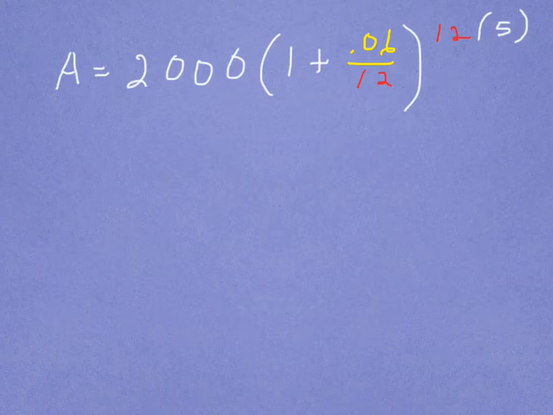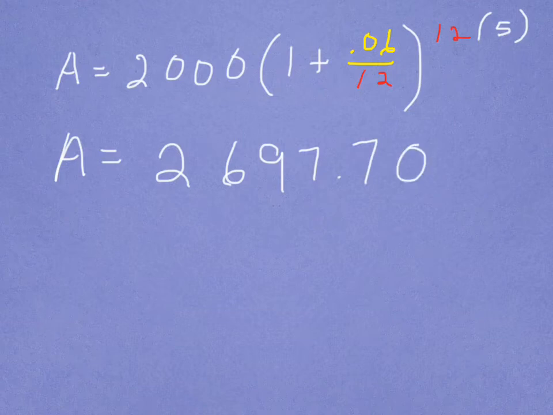Now, we just plug that into our calculator, and we get an accumulated amount of $2,697.70. I've rounded it off to the nearest penny. This means that if we put $2,000 in a bank at 6% interest that is compounded monthly, in 5 years we will have $2,697.70.